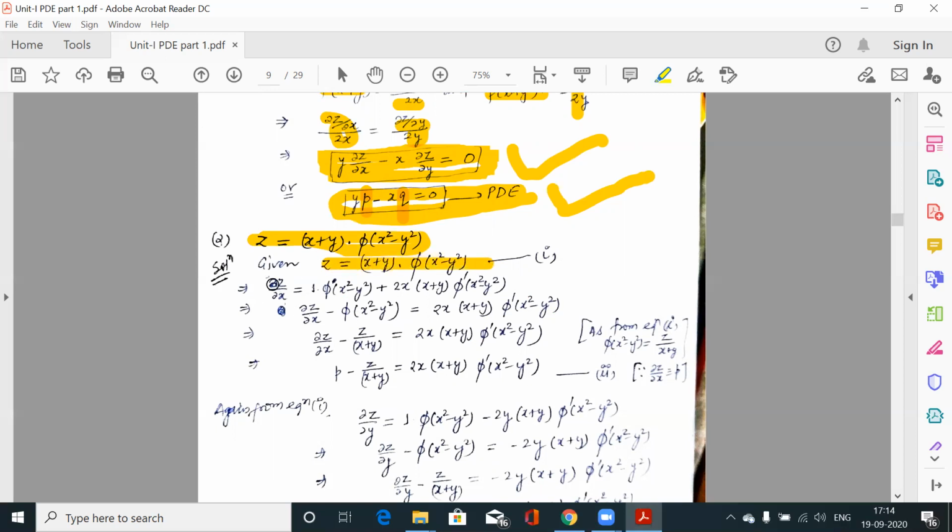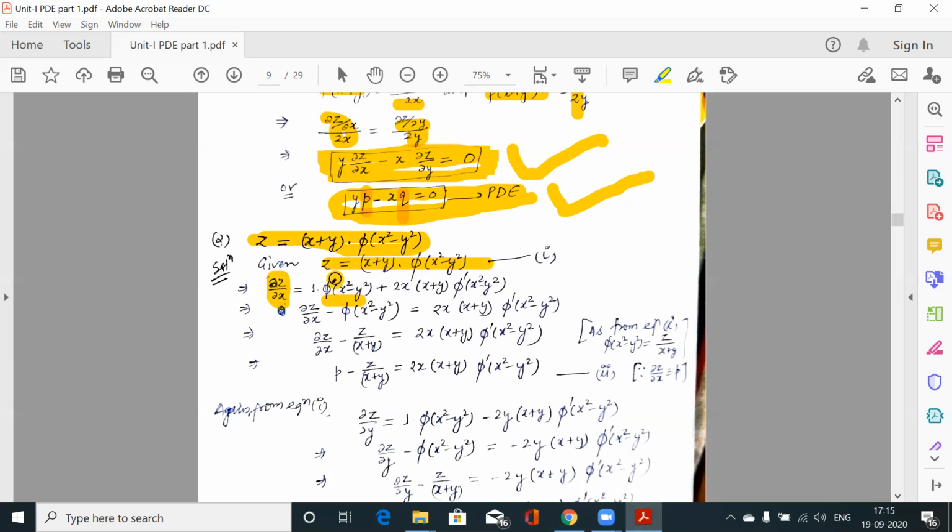Now we are differentiating it with respect to x. So del z over del x is equal to, what is the differentiation? Both components are in multiplication. The first includes x, the second also includes x. So we use the product formula: first differentiated into second. The differentiation of this component with respect to x is 1, and phi is as it is.